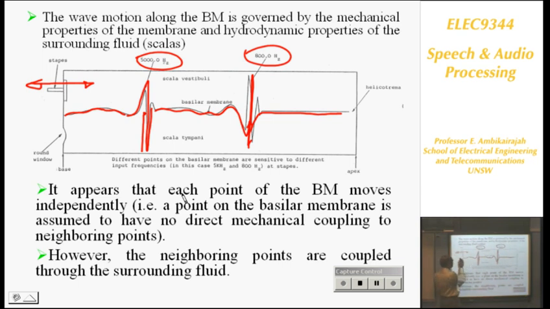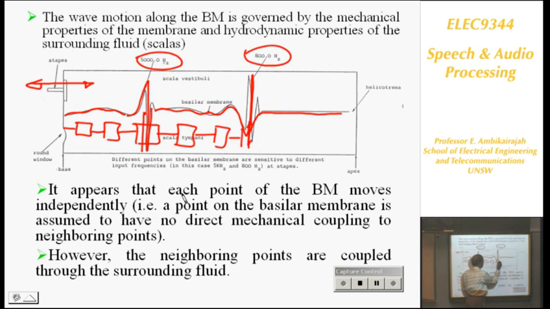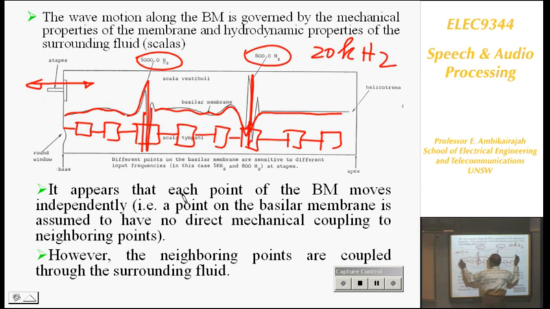So basically, what can you say here? You could say, I can analyze or model this as many filters. I can say filter 1, filter 2, filter 3, filter 4, filter 5, many filters cascaded. So I could say I have a frequency of 20 kilohertz at this end, and 50 hertz at that end.